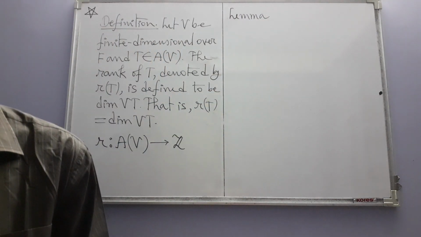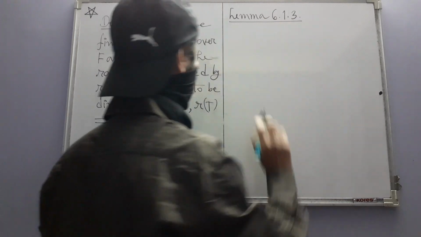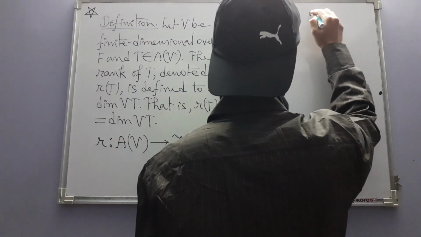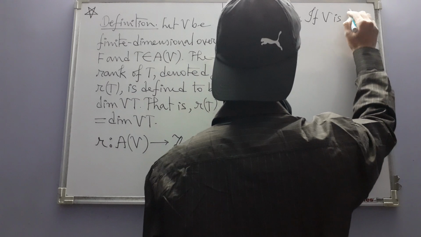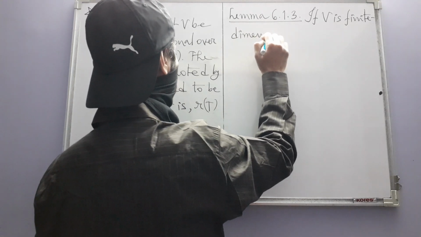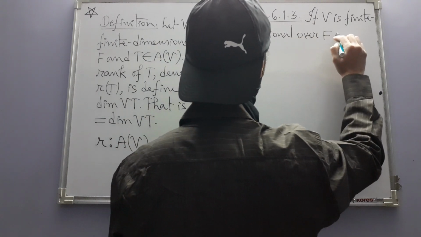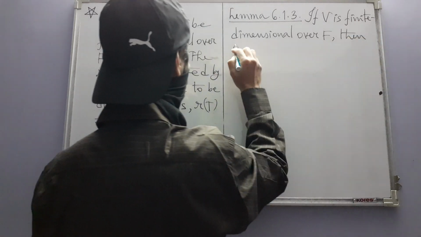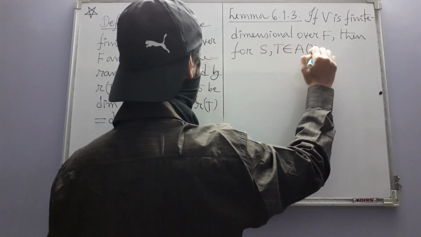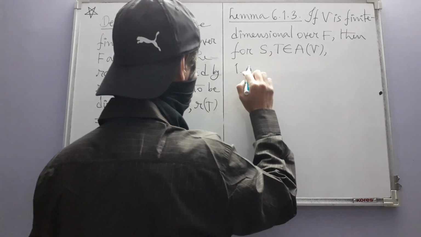This will be Lemma 6.13. If V is finite dimensional over F, then for linear operators S and T on V, these inequalities are true.